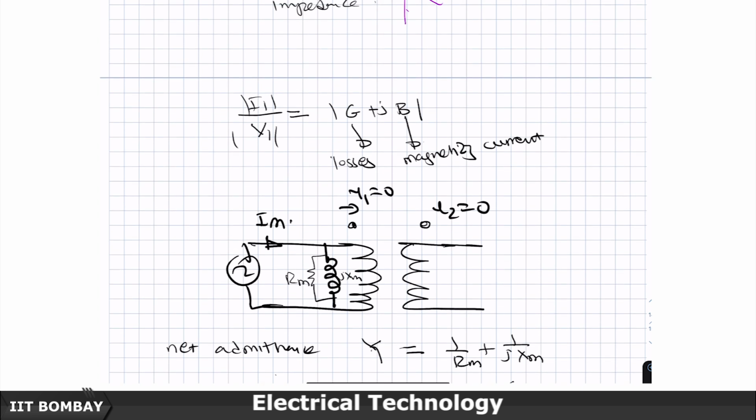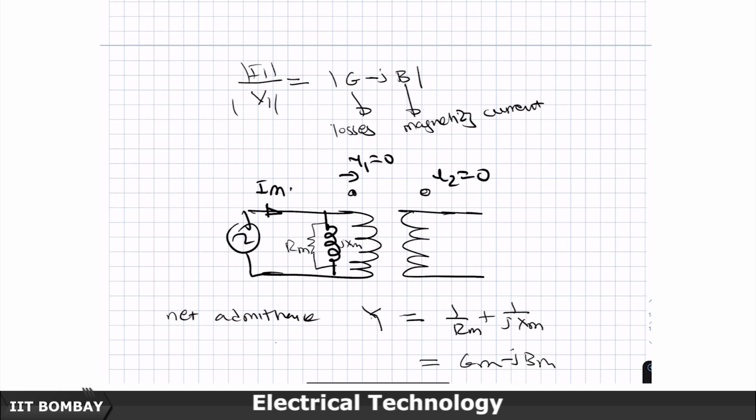So let us put a minus sign for the time being here. The reason to put this in parallel and not in series is that now I can write the open circuit current as having two components.